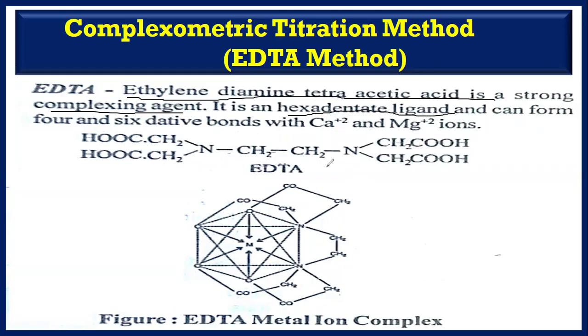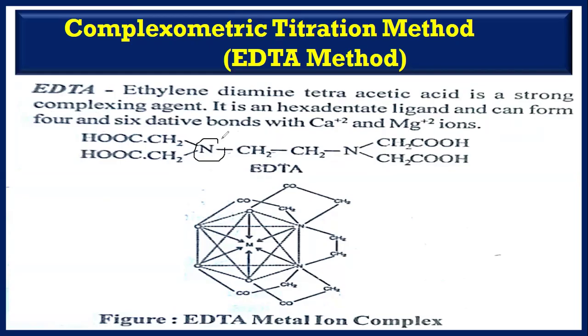This is the structure of EDTA: ethylene CH2CH2, diamine with 2 nitrogens here, tetraacetic acid with 4 acetic acid groups here, 1, 2, 3 and 4. Now the donor atoms: it has 6 donor atoms.